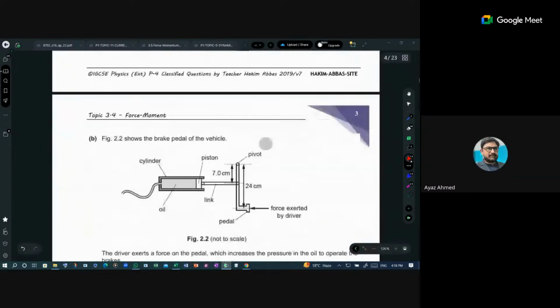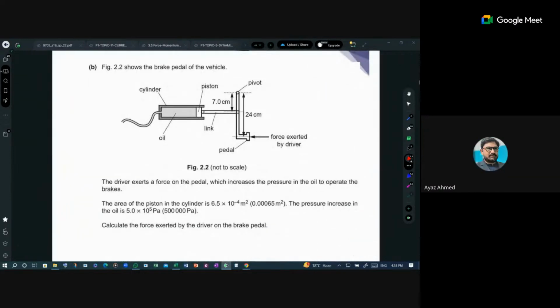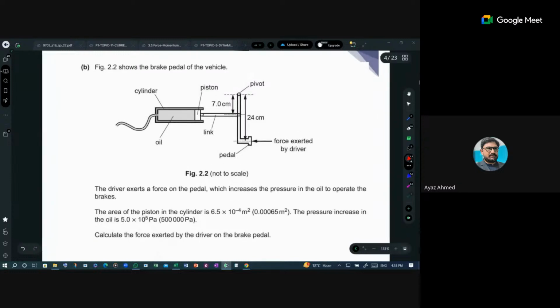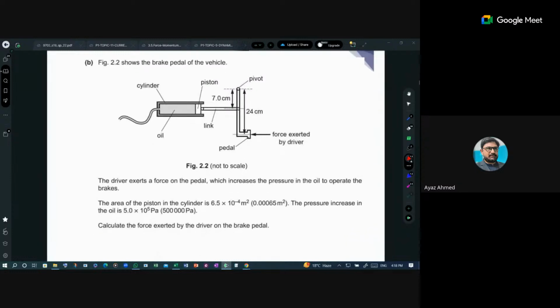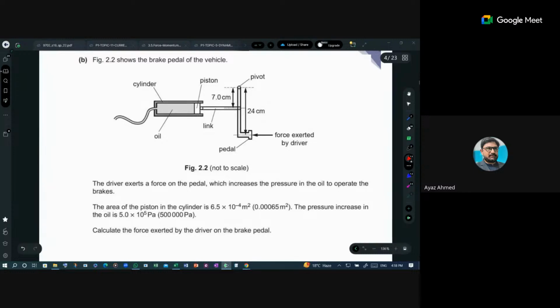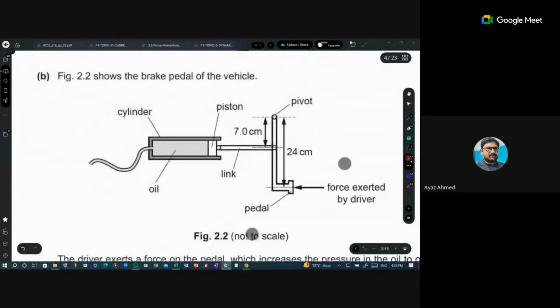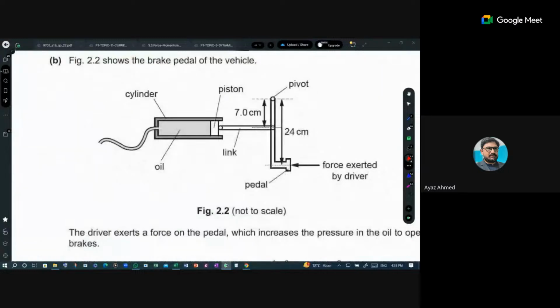Yes, sir. Now this question is another blend of topics. Here is a diagram that shows a braking pedal of the same car, right? And this is basically the hydraulic brake system. Let me explain this diagram first, then I will read the question. The force is exerted by the driver over here. Here is the force applied, right?